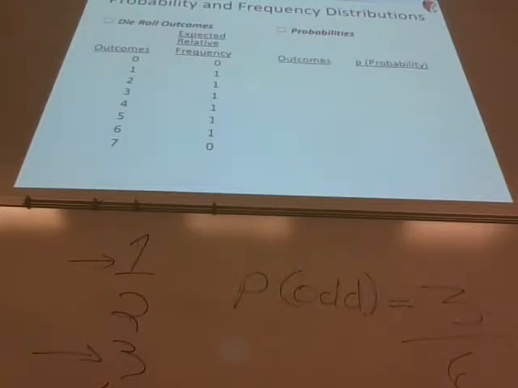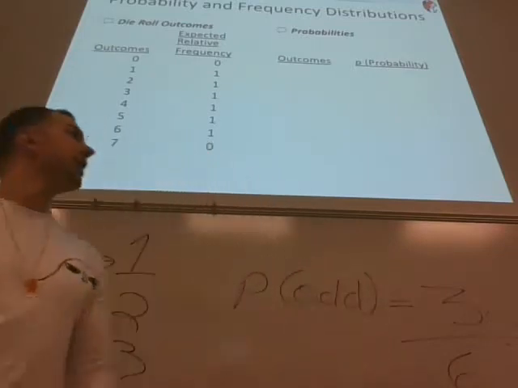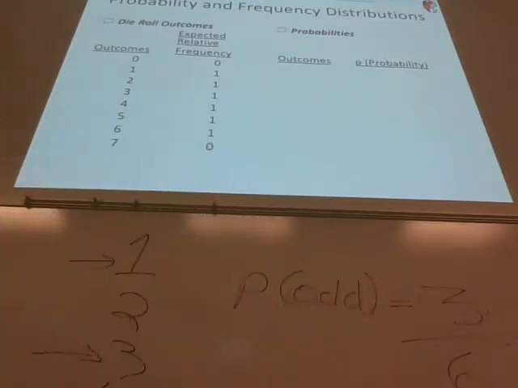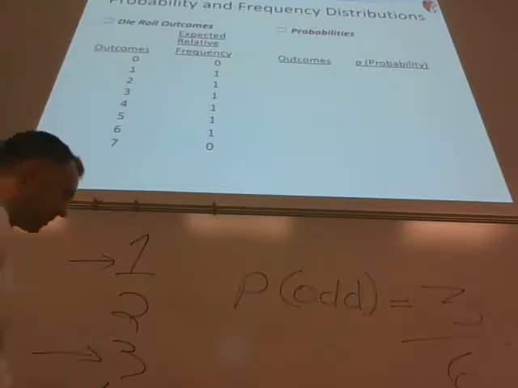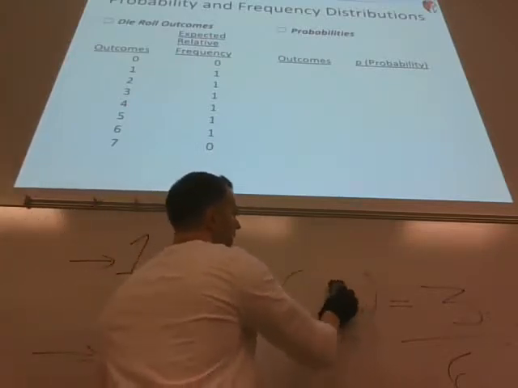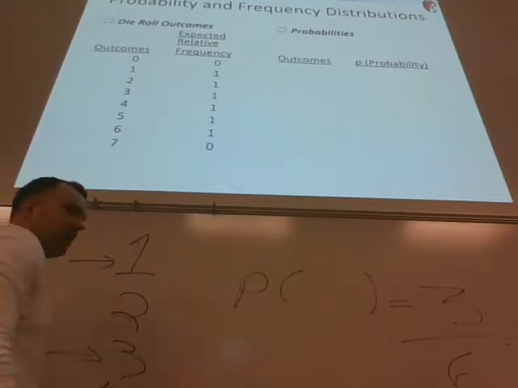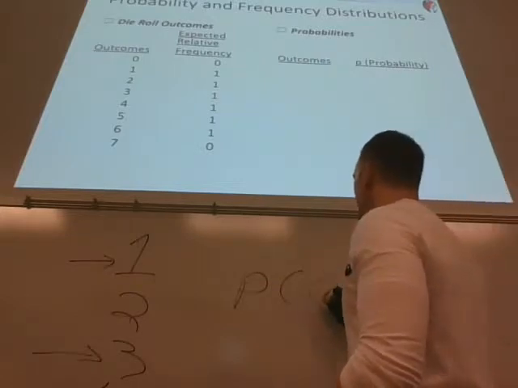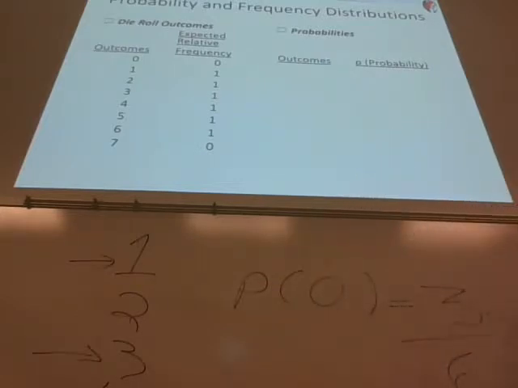Once again, we have the outcomes, and we have the probabilities with which those outcomes occur. The probability of any dice roll occurring is going to equal the expected relative frequency, i.e., how many times does that thing occur, divided by the total number of occurrences.